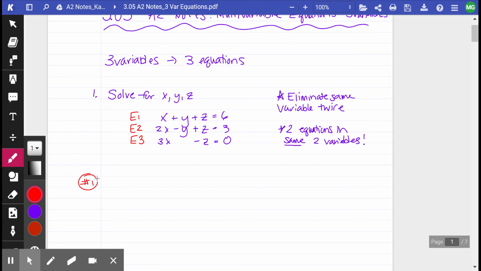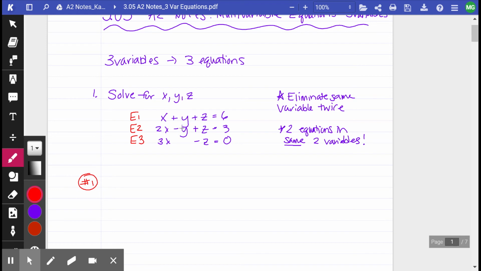So my first step is I'm going to take two equations at a time, and I want to eliminate the same variable two times. So first I'm going to take a pair of equations and eliminate one variable. Let's take a look at our three equations to decide which is going to be the easiest. Looking at equation 1 and 2, if I were to add those two equations together, my y's would drop out right away.